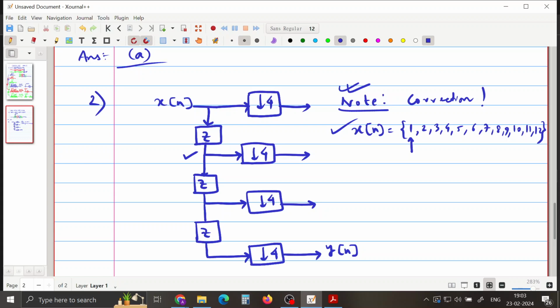We are basically considering this path from x of n all the way to y of n. It first goes through a block of z. So I am asking you, what would be the output at this point? How can you write it in terms of x of n?